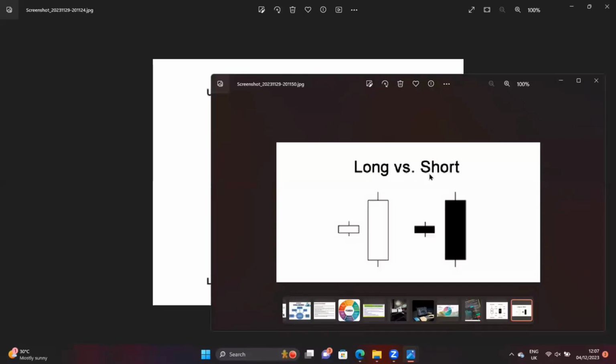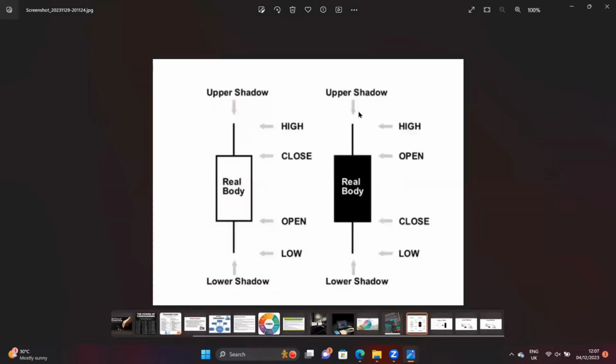So, long versus short, still looking at what a candle is. Now the question you should know how to answer: candlesticks are formed using what? The open, the close.